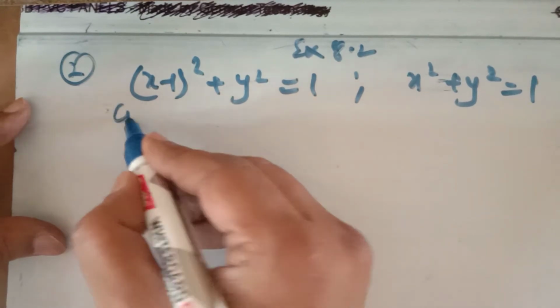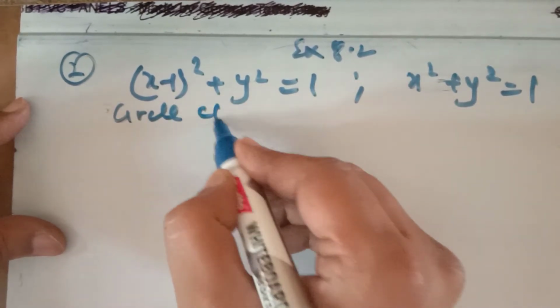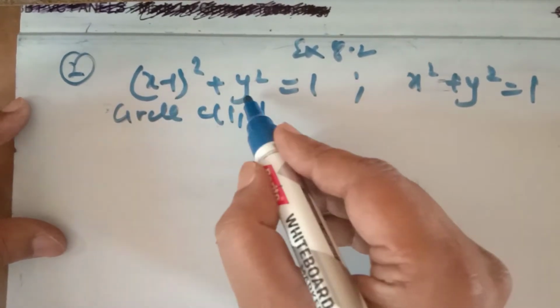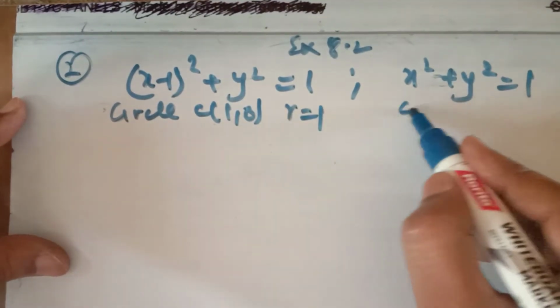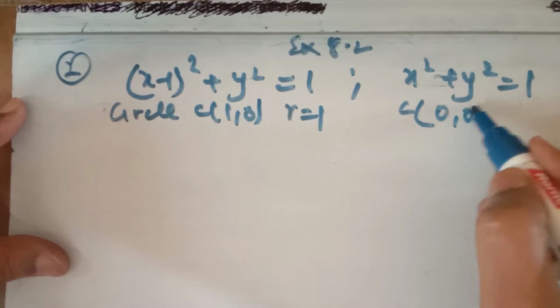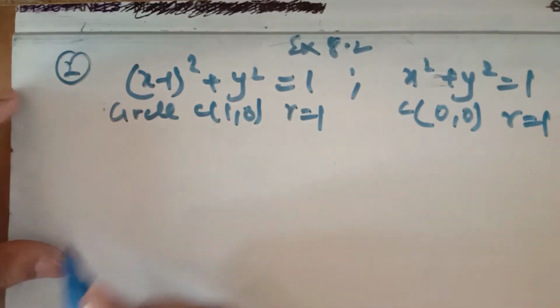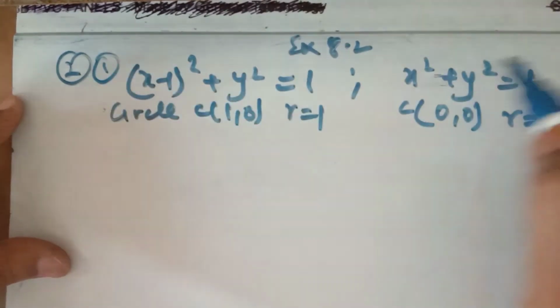Now this is a circle with the center 1, 0. See it, x minus a whole square, y minus b whole square is equal to 1 square, radius is 1. This is a circle with center at the origin and radius 1. Now this is the first circle, this is the second circle.